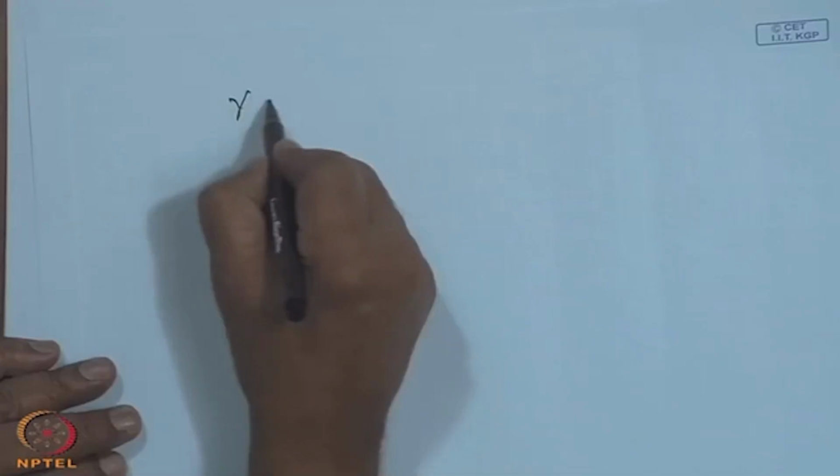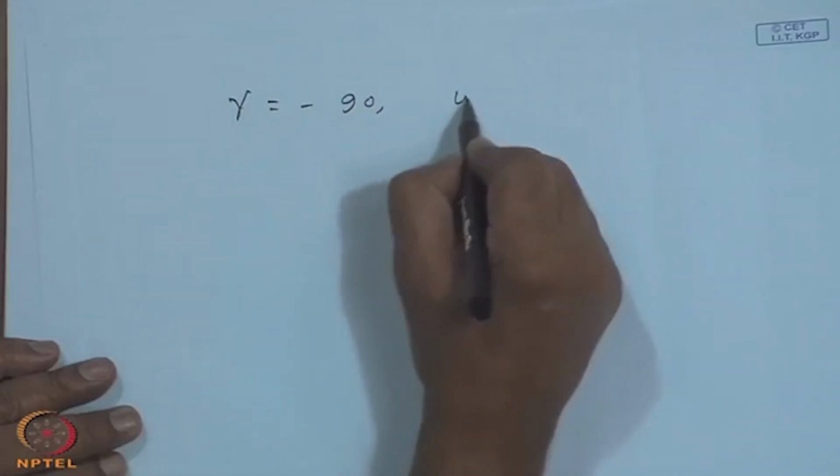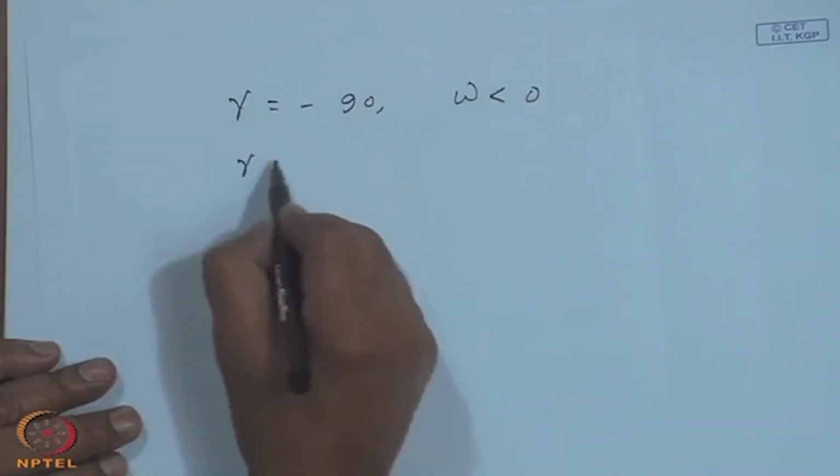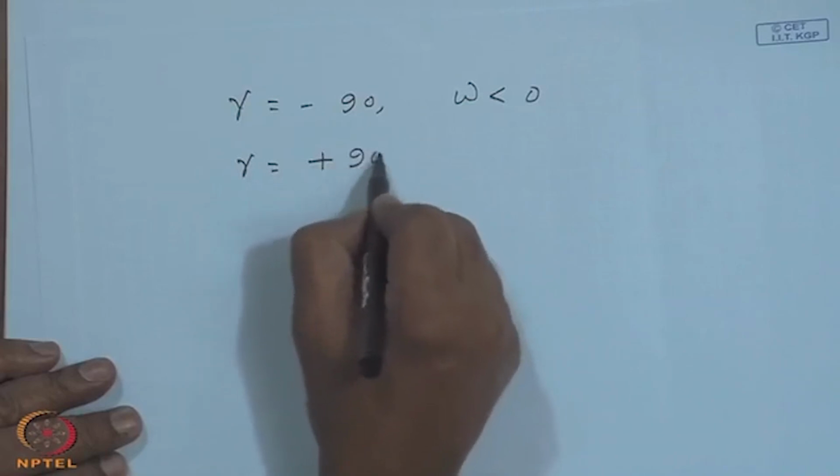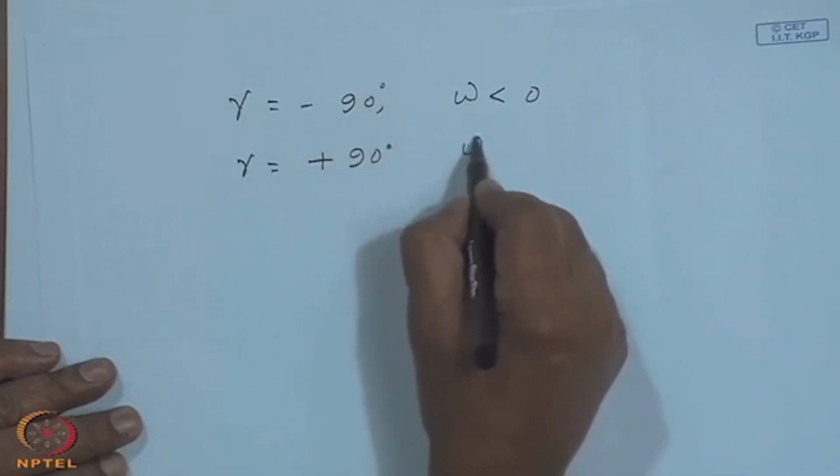As it is rotating, whether beta is 90 degrees or 80 degrees or 0 degrees, or again in the other direction 10, 20, 90, my outer normal projected onto the horizontal plane will be towards east. Consequently, you have a gamma of minus 90. So, you have only two situations: gamma equal to minus 90 for omega less than 0, and gamma equal to plus 90 for omega greater than 0.